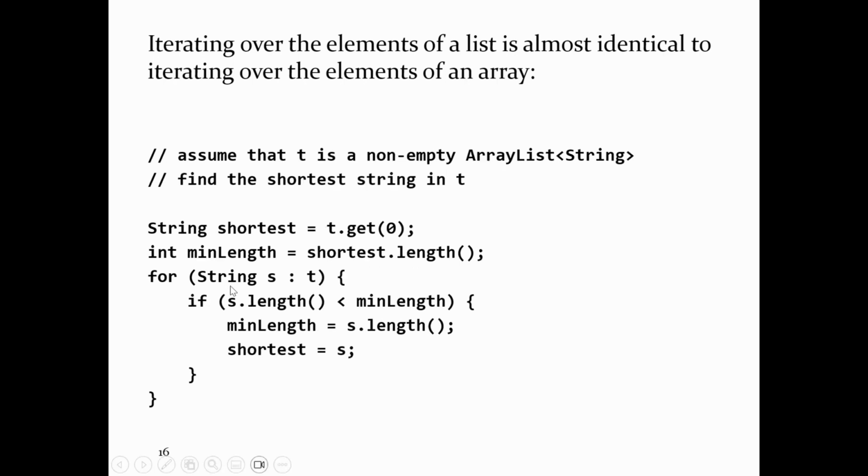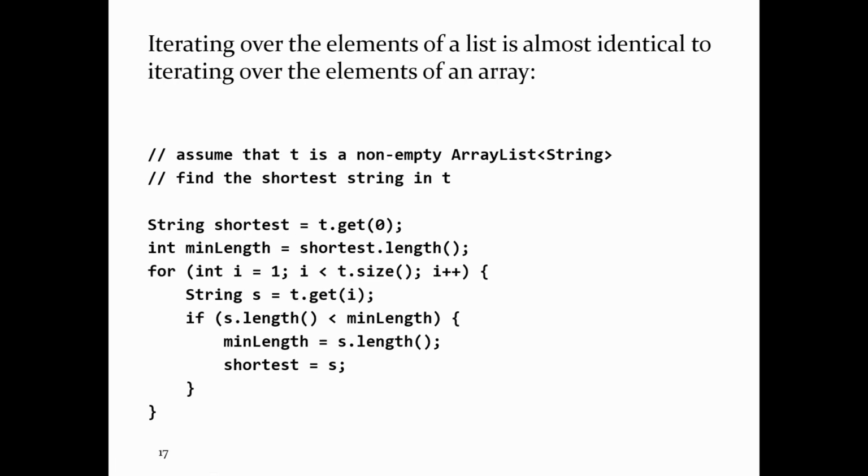In the for each loop, the loop takes care of extracting the element for you. The compiler is actually converting this for each loop into something that asks the list for its element. Here, you have to explicitly ask the list yourself, so every time you're going to call get to get the ith element of the list.